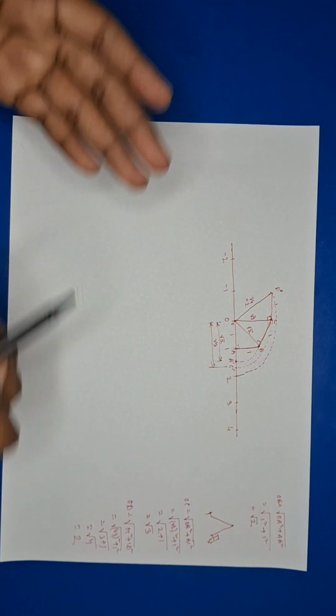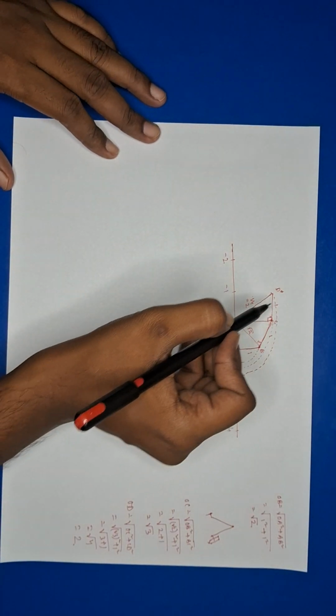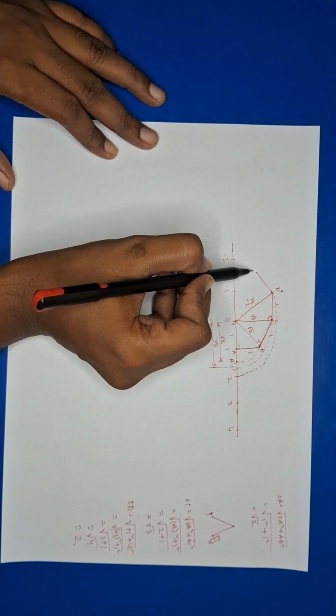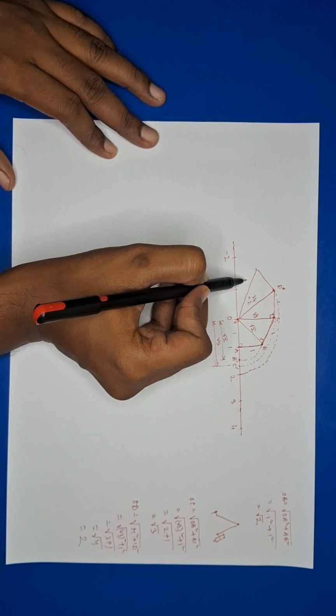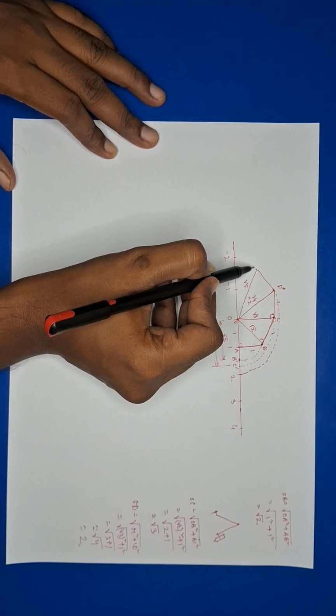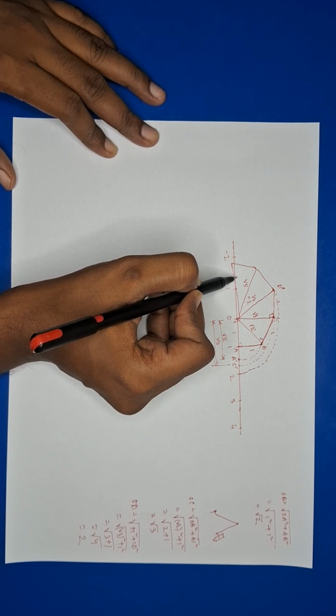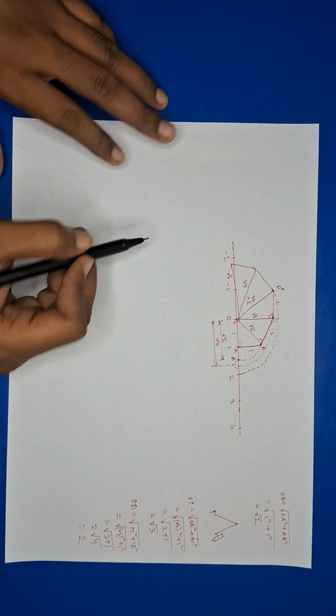So if we keep on doing things like that, we will get root 4, then we will get root 5. Similarly, we will get root 6, and so on.